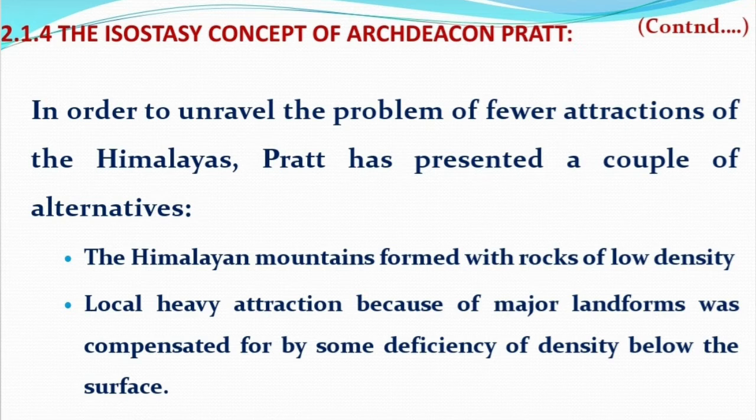Two, local heavy attraction because of major landforms was compensated for by a deficiency of density below the surface. In the above circumstances, the Himalayan attraction might have been low, so that the plumb line deflected less. The second alternative was supported by several scholars.